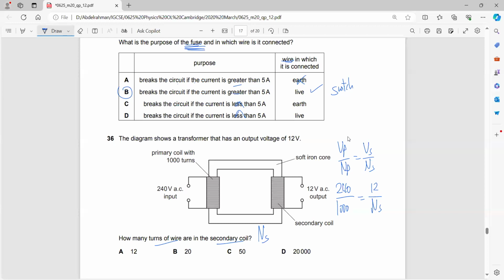Simple cross multiplication: 1000 times 12 divided by 240. It would be C. Okay, good.